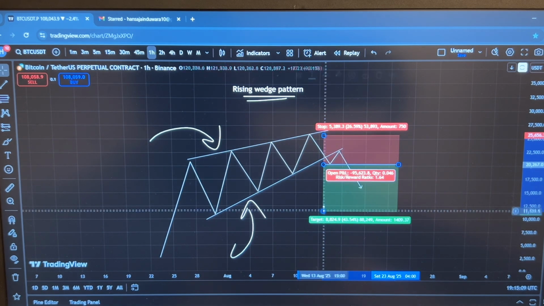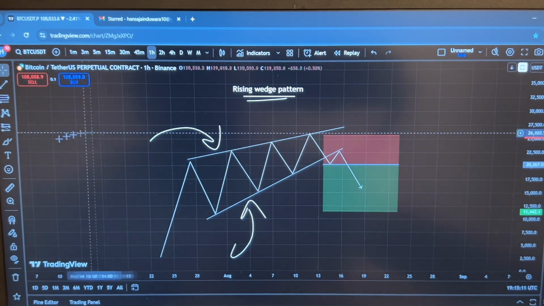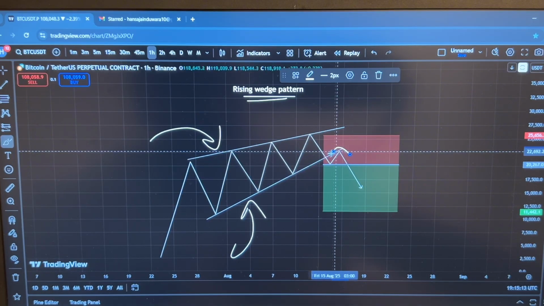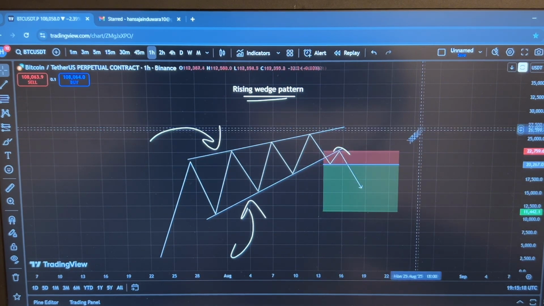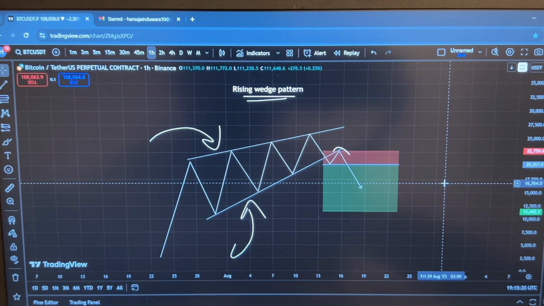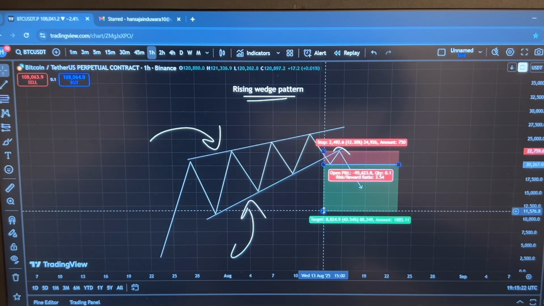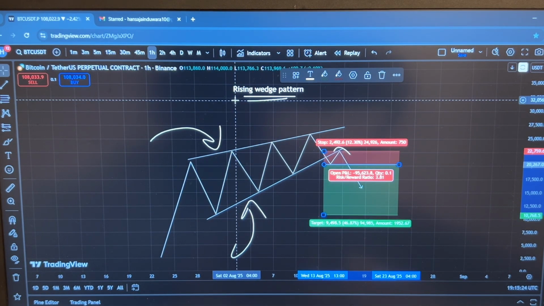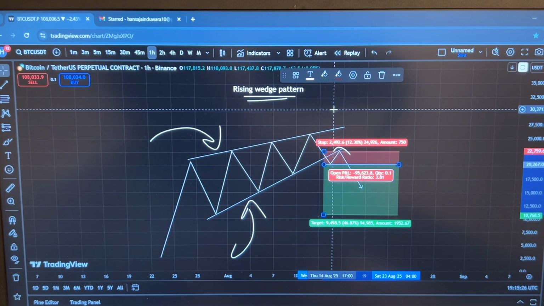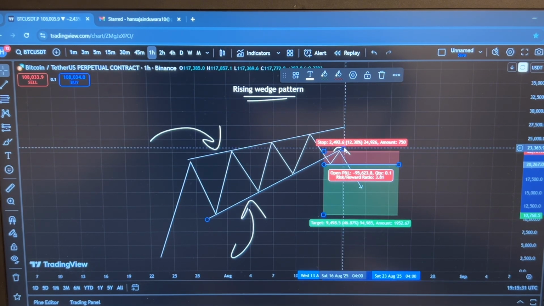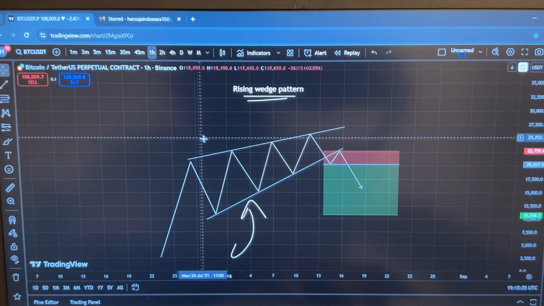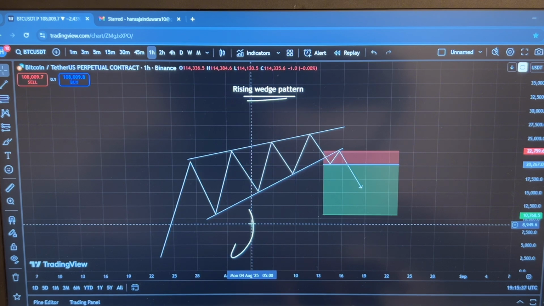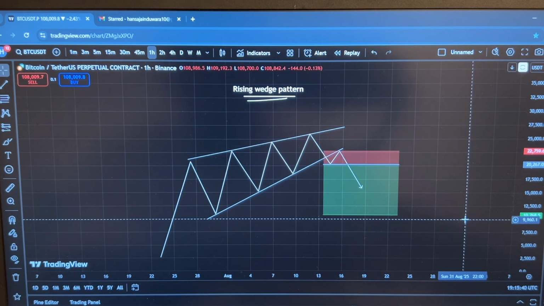As you guys can see, it went for a retest, so we are going to bring our stop loss to this high, and then for the TP in this chart pattern type, the TP cannot be a single level. The TP cannot be a single level. Always keep that in mind. There are going to be multiple TP levels.